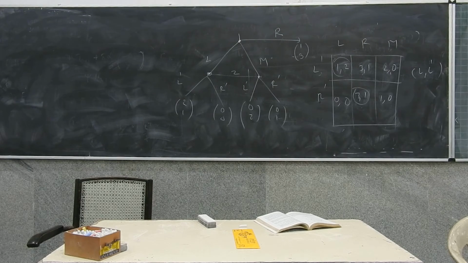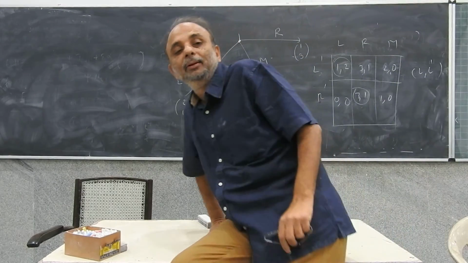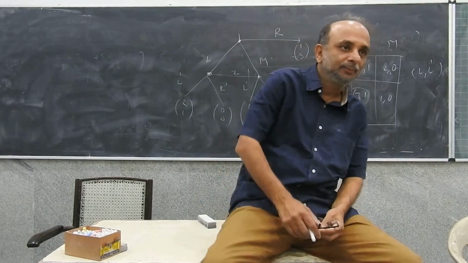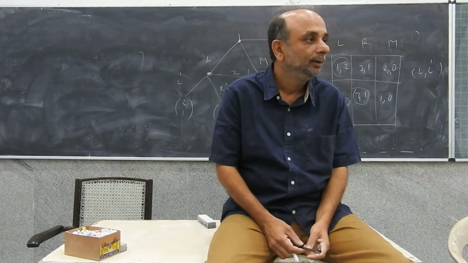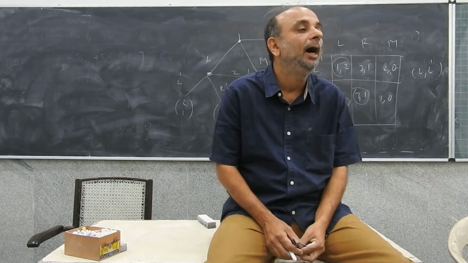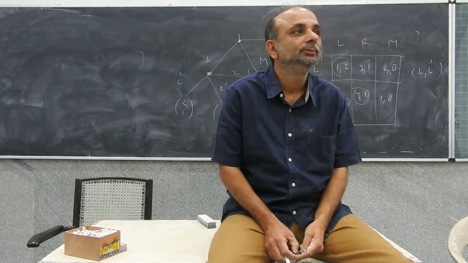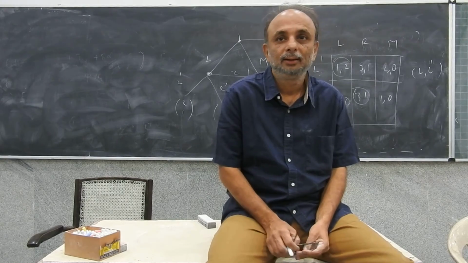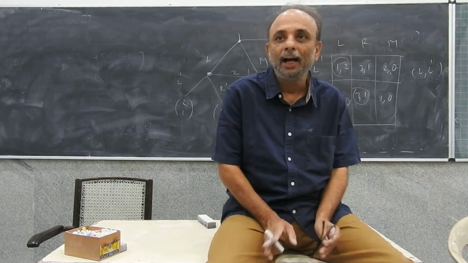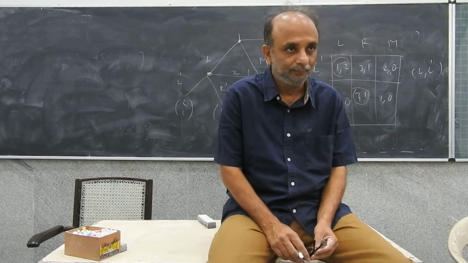See, what is this equilibrium? R dash, right? The equilibrium R dash. What is player 2 saying in R dash? Player 2 is saying I will play R dash when it is my turn to move.